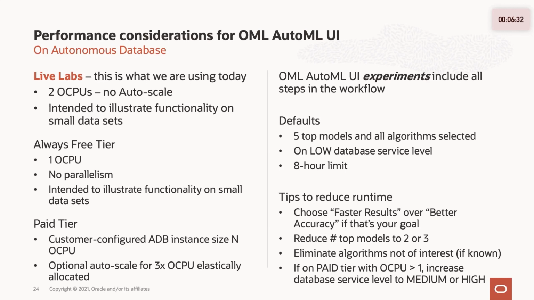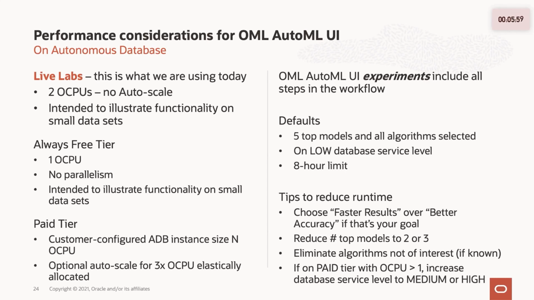It's going to be 1 OCPU, and because it has only 1 OCPU, it does not have any parallelism available for the AutoML. So when you run them in there, you're going to have to be more patient, because it's going to be checking the different models one by one instead of using parallelism for that. And then, of course, in the pay tier, you can configure any sizes there, very large machines with a very large level of parallelism.